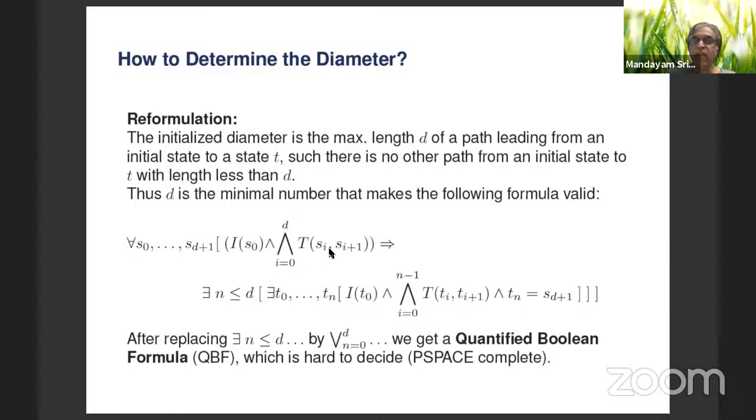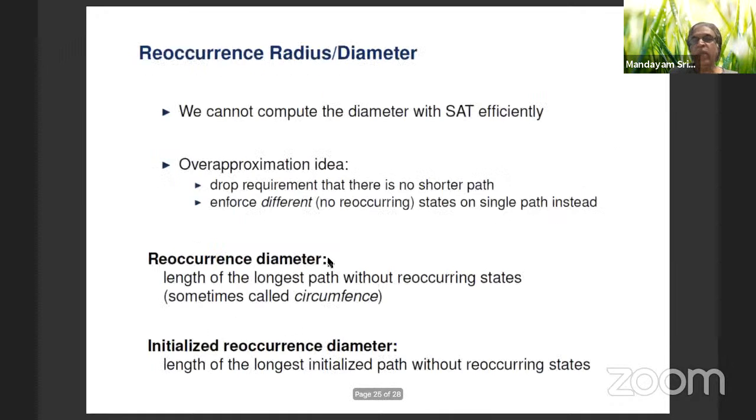If you could express the search for an upper bound of this distance as a SAT instance, then you solve that once for your transition system and a property, and then you can run your bounded model checking up to that length.